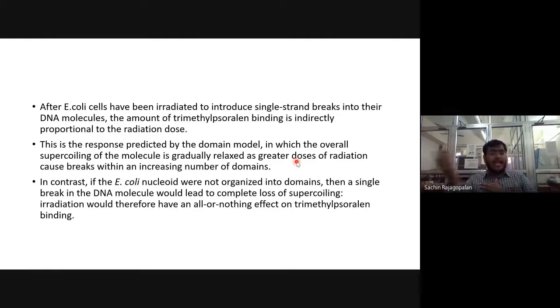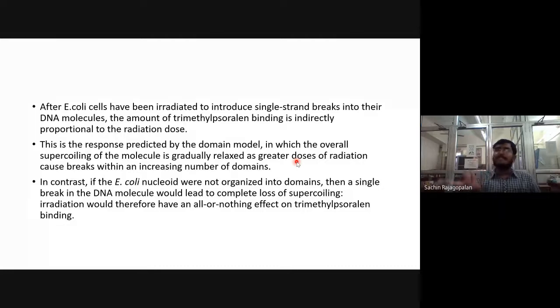If you use radiation to introduce single-stranded breaks into the DNA molecule, you will see that the amount of trimethylpsoralen that can bind to the DNA is going to be less. The more you increase the radiation, the less trimethylpsoralen can go and bind to the DNA.